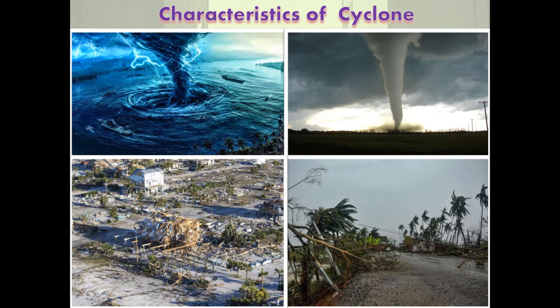Some say typhoon, tornado, hurricane. Okay, in the center of this is the cyclone's eye. Okay, and on the outer surface, this is the low pressure. Okay, in the center of the eye, and the outer surface is high pressure.